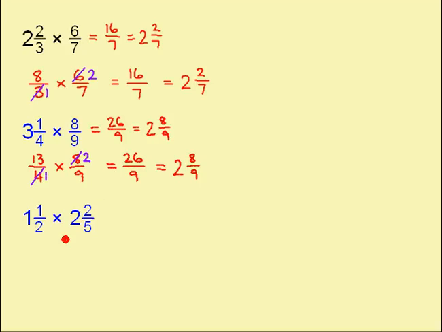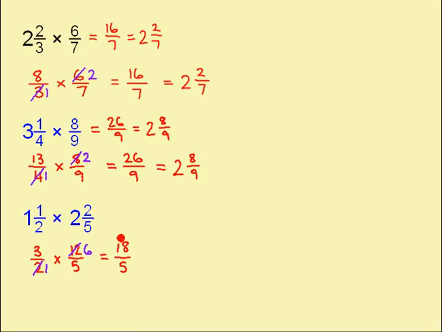For this one, 1 times 2 is 2, add 1 is 3, so I've got 3 over 2. 2 times 5 is 10, add 2 is 12, so I've got 12 over 5. 2 goes into 2 once and into 12 6 times. 3 times 6 is 18 and 1 times 5 is 5.